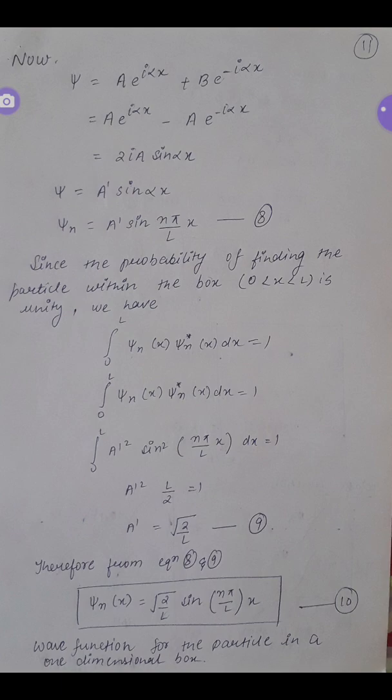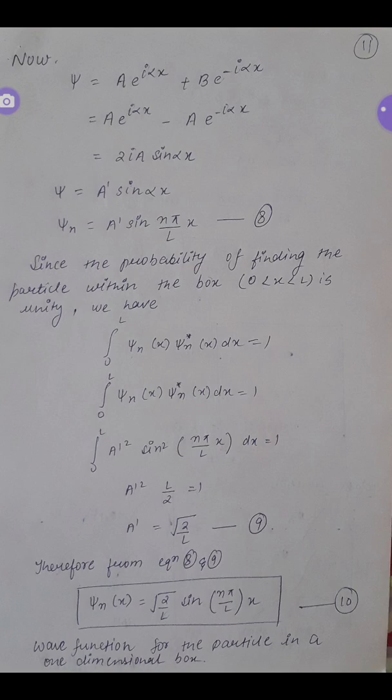We get equation number 8. Since the probability of finding the particle within the box is unity, we have the integral from 0 to L of psi(x) times the conjugate of psi(x) dx is equal to 1, then solving, we get the value of A dash is equal to under root 2 upon L.